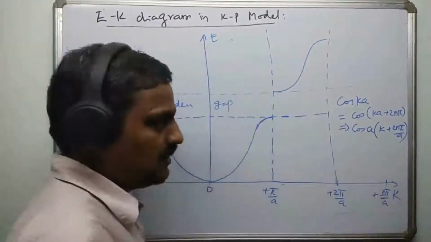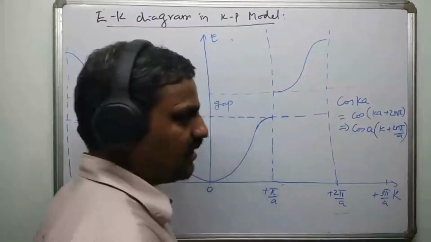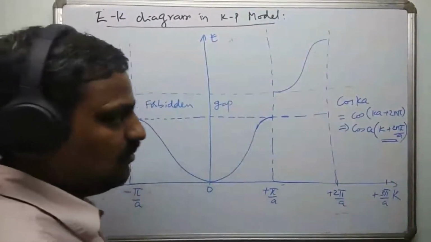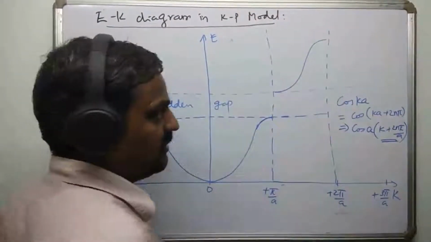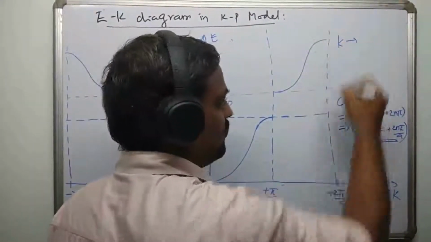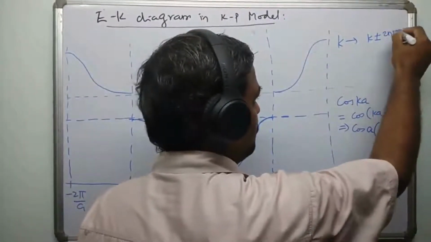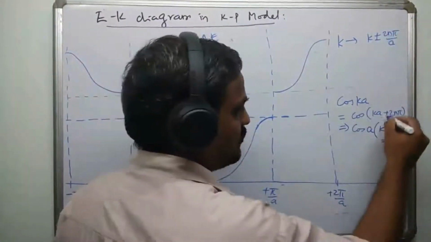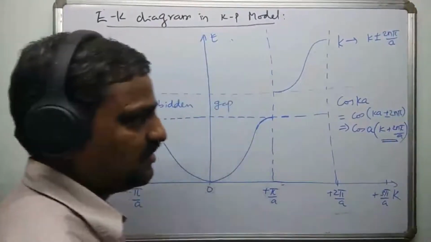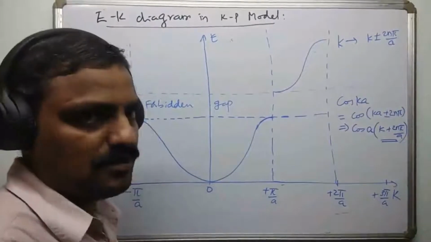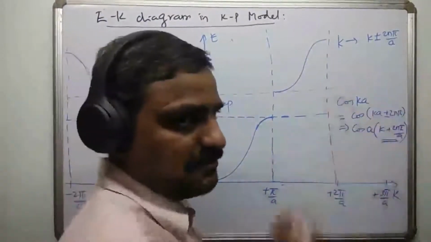Please pay attention. Here we have intentionally taken A outside only to see what this K is. K can be transformed as K plus or minus 2n pi by A. Please remember, I can also write plus or minus because cos is a periodic function of 2 pi, so plus 2 pi or minus 2 pi, or any integral multiple of plus or minus 2 pi results in the same.